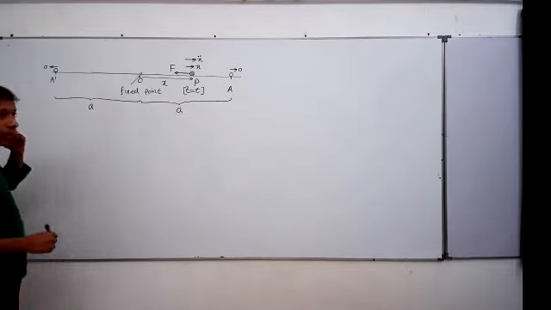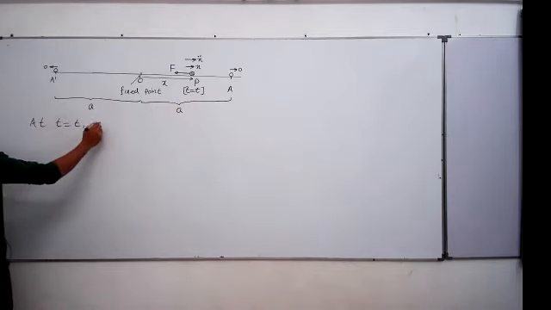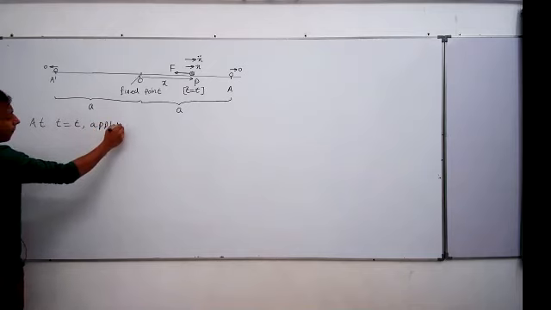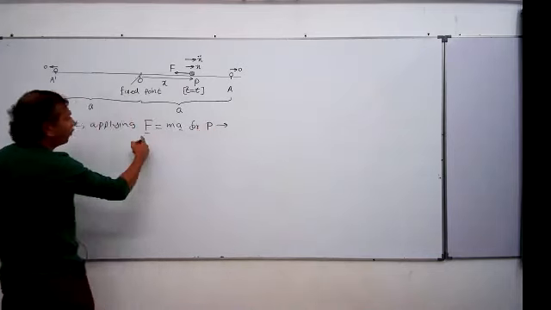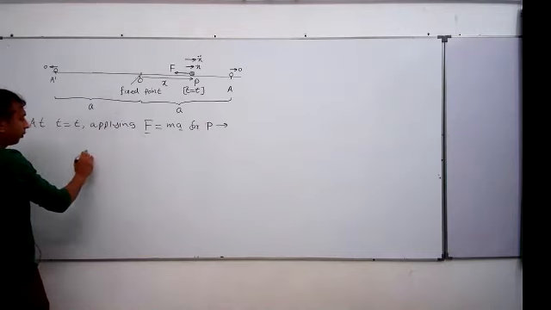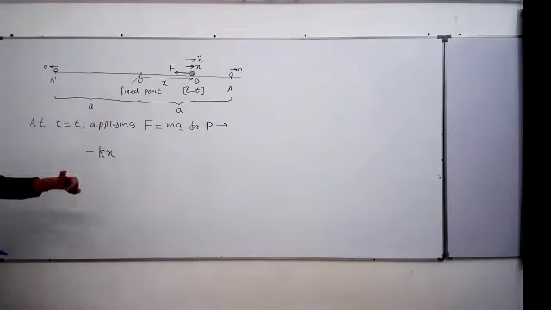Now you can write at t equals t, applying F is minus kx. If x is leftward, F is given by kx. We wrote that, no?